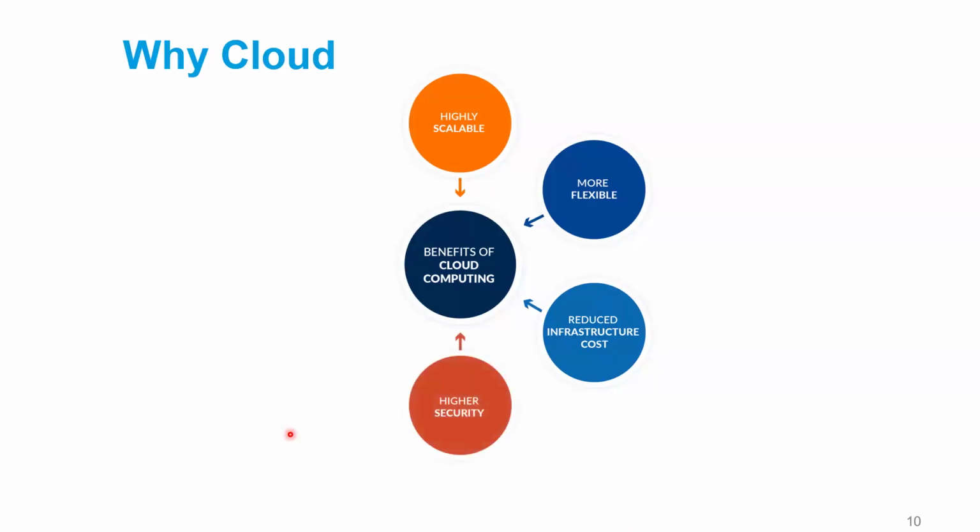Okay, so higher security. So data is highly secure. They have implemented all the algorithms, everything. Even in their own data center, they have implemented physical security. It's not only the virtual security, physical security is also there. They have fences in their data center. They have biometrics. No one can access the data center.